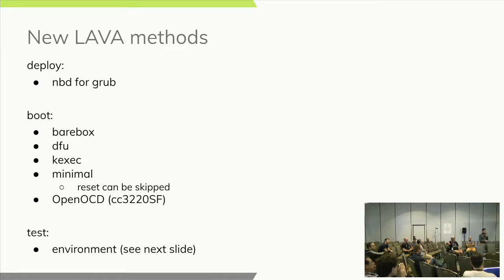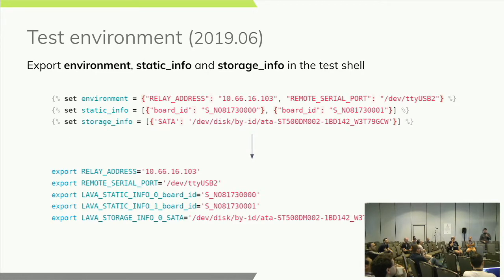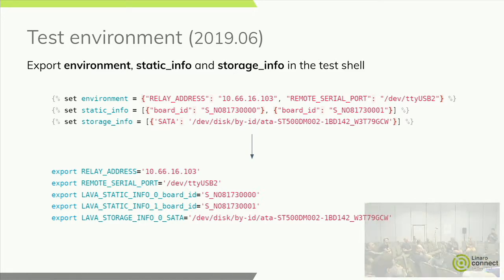And in the tests, you can set environments. I will explain that. Since 1906, if you do a bit of Android and LXC, you know that there is some static info and storage info that are available to set some information. This is now exported in the test shell.